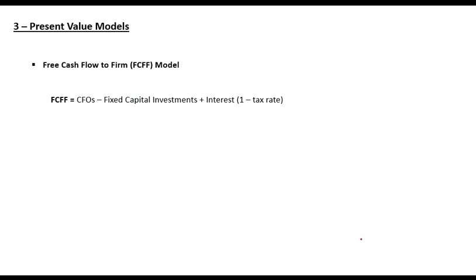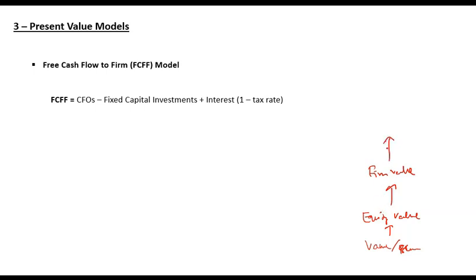So the final answer that you want to find out is value per share. For that you need to calculate equity value. For equity value you need firm value, because you will make adjustments to firm value to arrive at equity value.